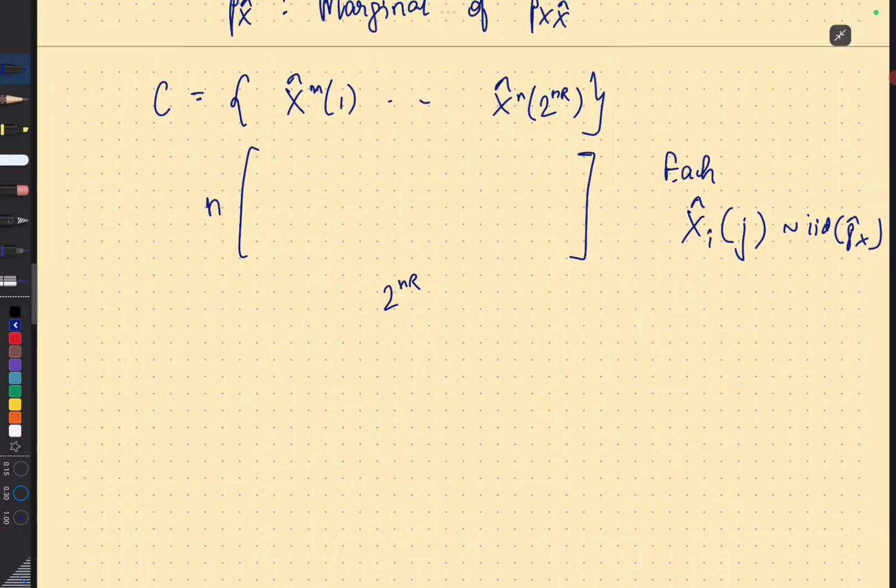Okay, it's a completely random choice. So obviously you shouldn't expect this to be optimal, right? So that completely specifies the code book.